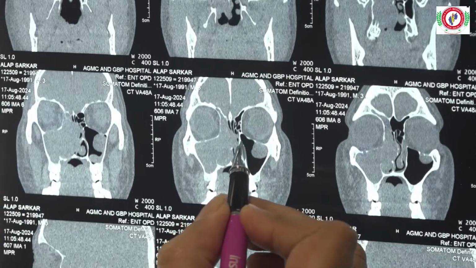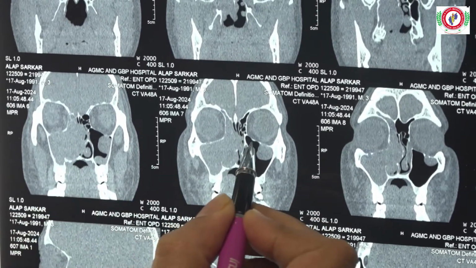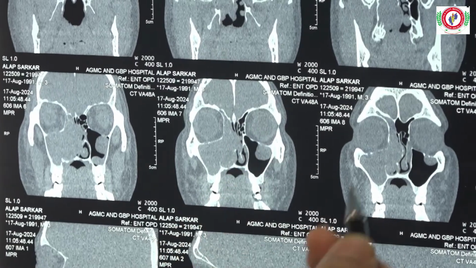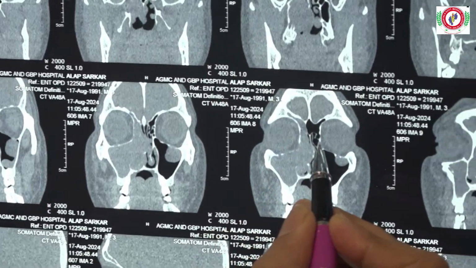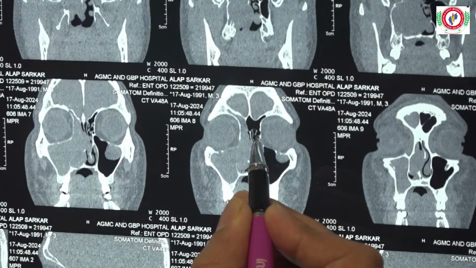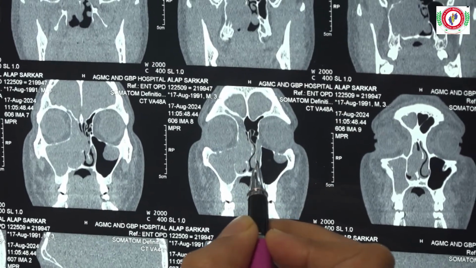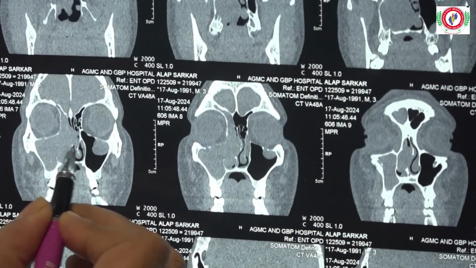And now you can see these cells. You can see this cell, this cell. Can you make out this small bony cell? That's the bulla, and on the left side maybe this one is the bulla.